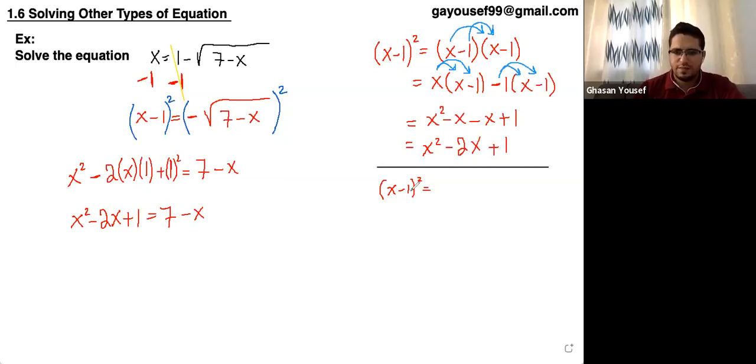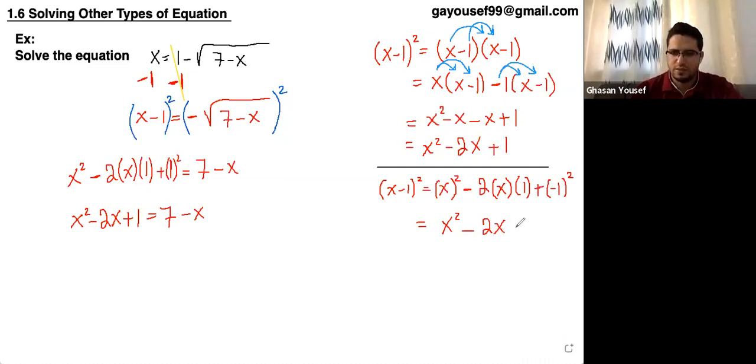The first term is x squared, minus 2 times the first term times the second term. The first term is x, the second term is 1, without the sign, plus the second term squared, 1 squared. This is equal to x squared minus 2 times x times 1, which is 2x, plus 1 squared, and this is what I get here.